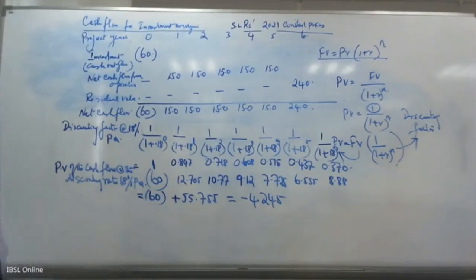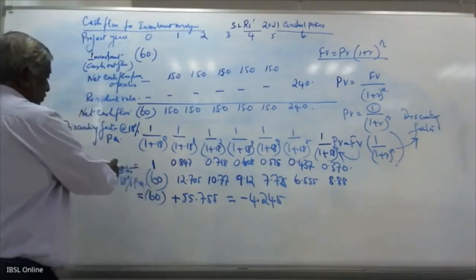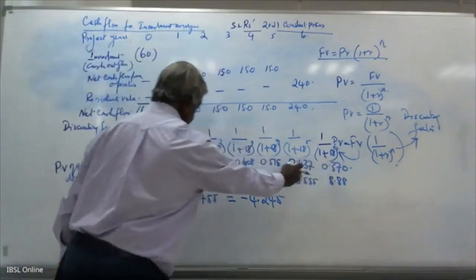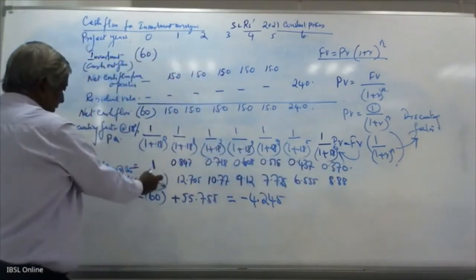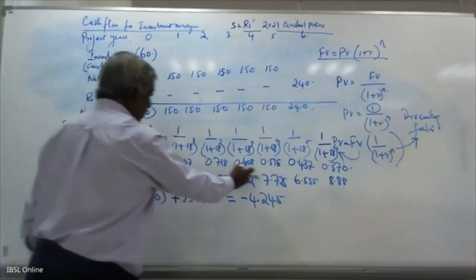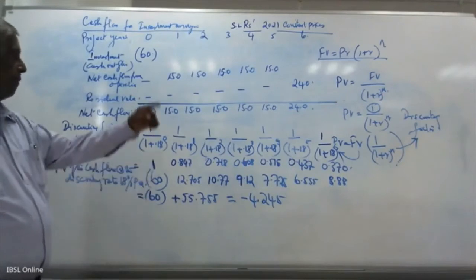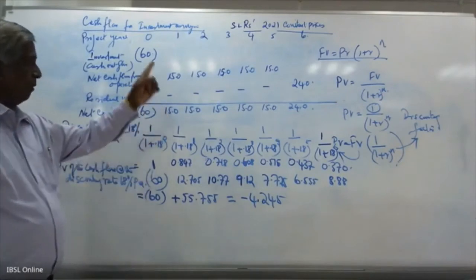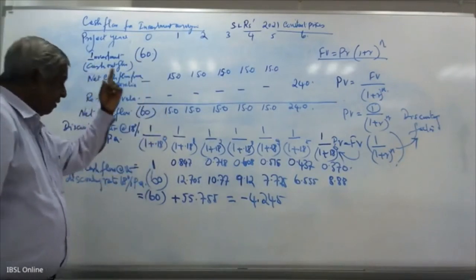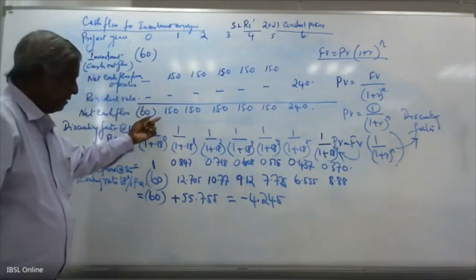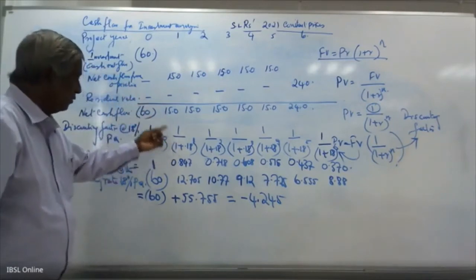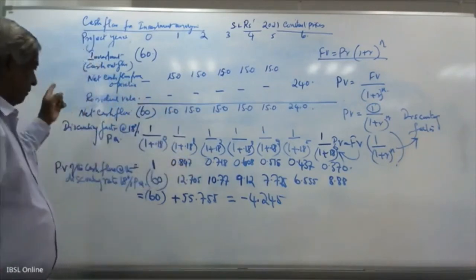We call it, now what we have done, these are the present values. We have converted everything to the present values by multiplying the net cash flow by the relevant discounting factor. Multiplying, we have converted those future values to the present value.